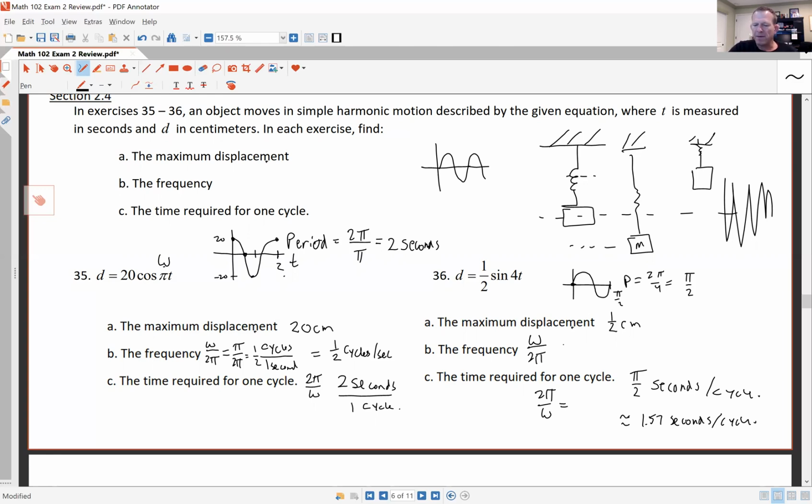It's 2 divided by pi. And this is measured in cycles per second, which turns into around 0.637 cycles per second.